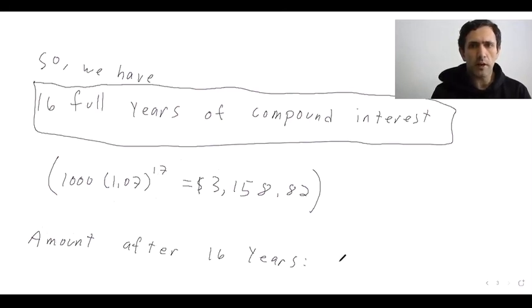So it's 1,000 times 1.07 to the 16, and just dump that into your calculator, it's going to be 2952.16375.